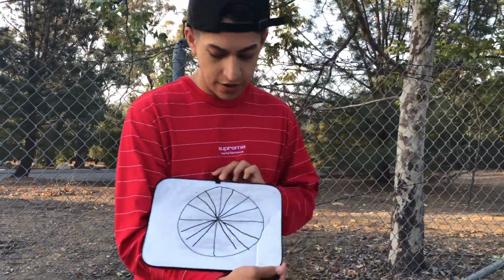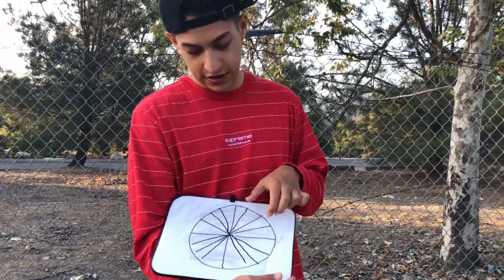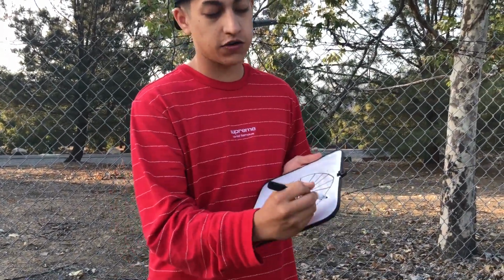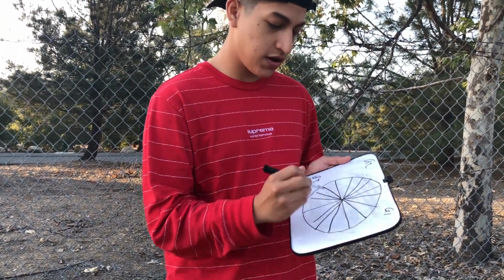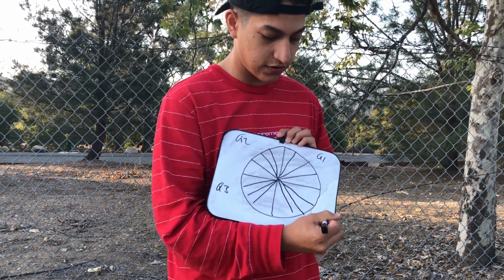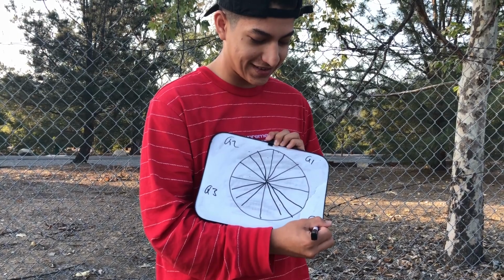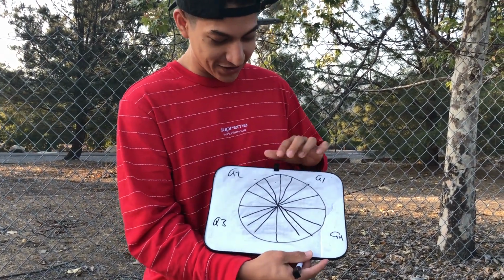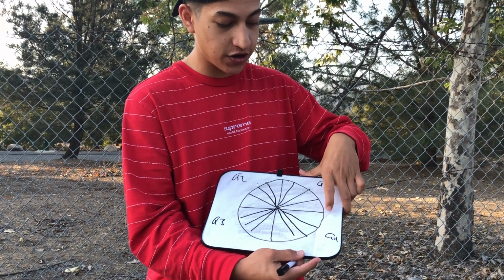Okay? So now, to start off, the quadrants are quadrant 1, quadrant 2, quadrant 3, and then this one's gonna be quadrant 4, like that. Each individual line right here, so this is gonna be 0 degrees.